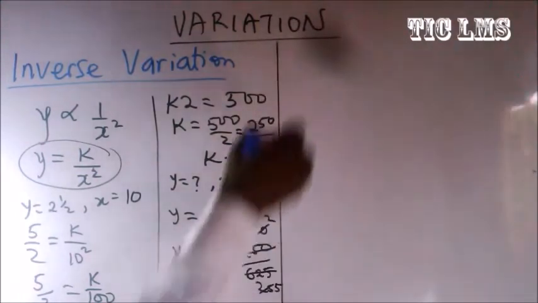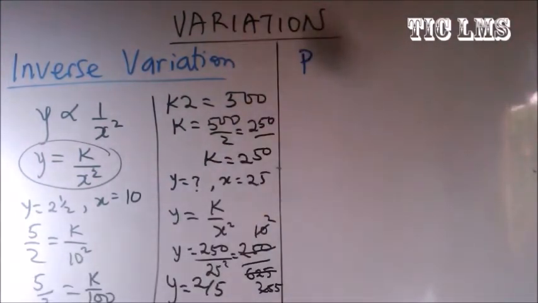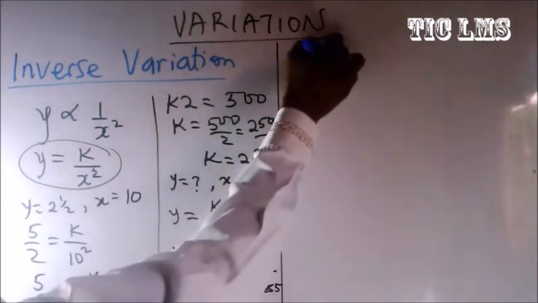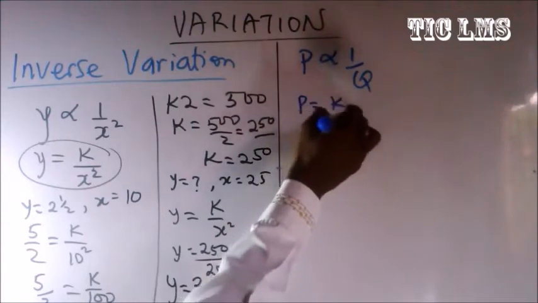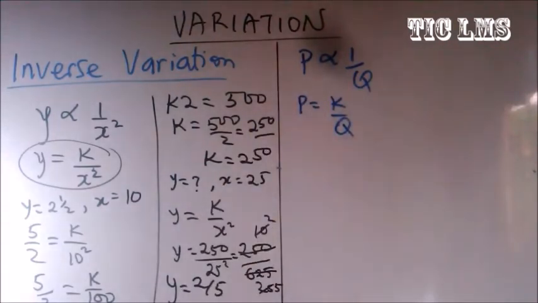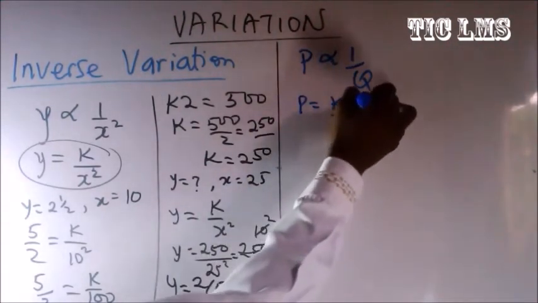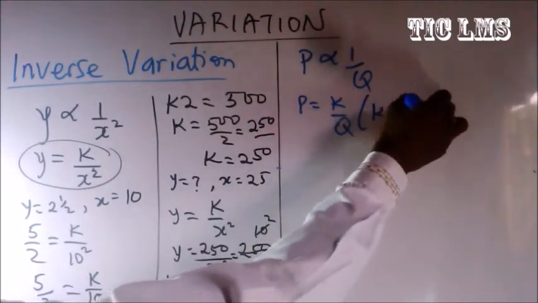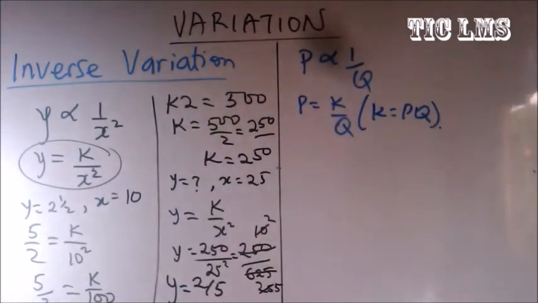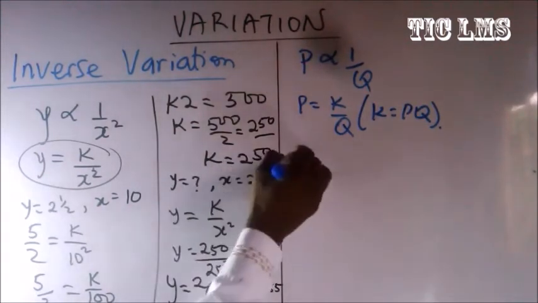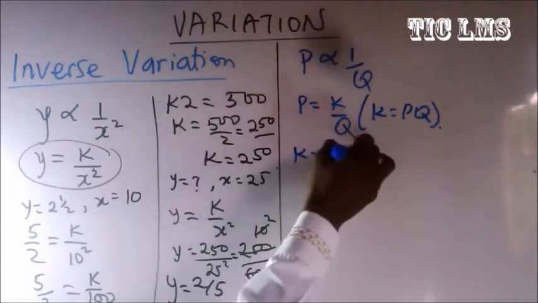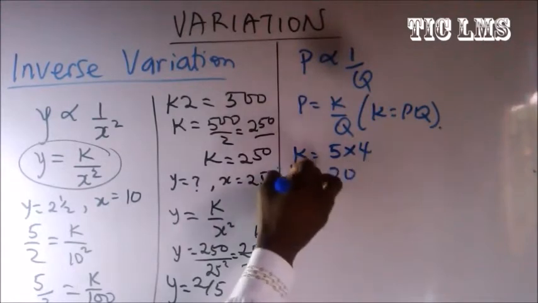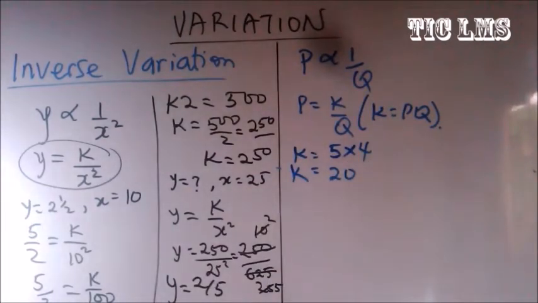So we have the first statement, which says P is inversely proportional to Q. So we have P equal to k over Q. That means k equal to PQ. Now we're told that Q equal to 4 and P is 5. So we have 5 times 4, and that gives us 20. So the value of k is 20.